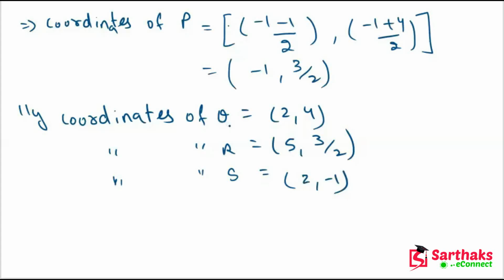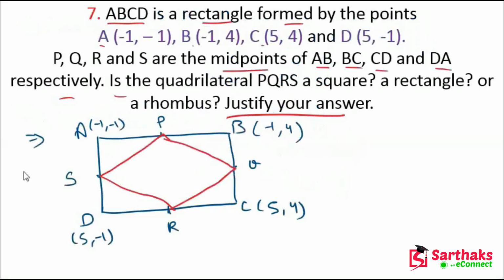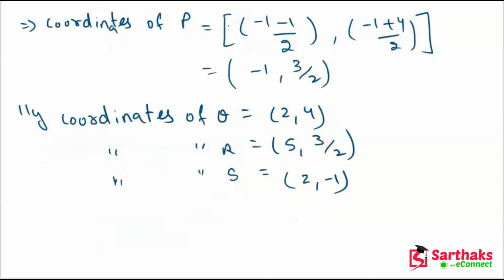Now we have to find the lengths of these sides, PQ, QR, RS and SP, with the help of the distance formula. Let's find. The length of PQ is equal to under root, and what is the distance formula? x2 minus x1 whole square plus y2 minus y1 whole square, under root.